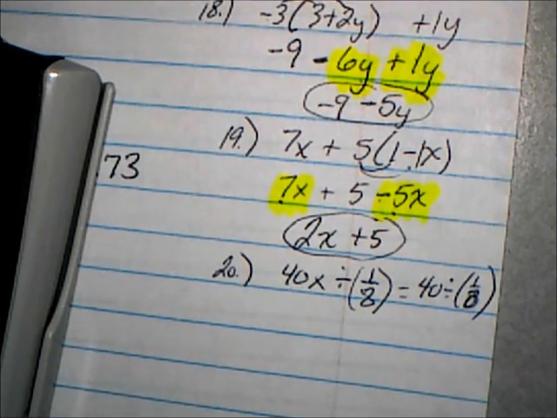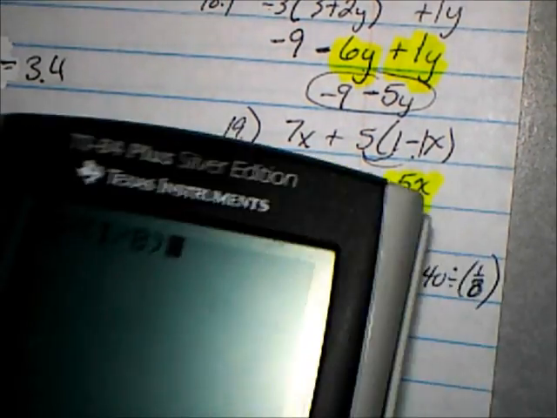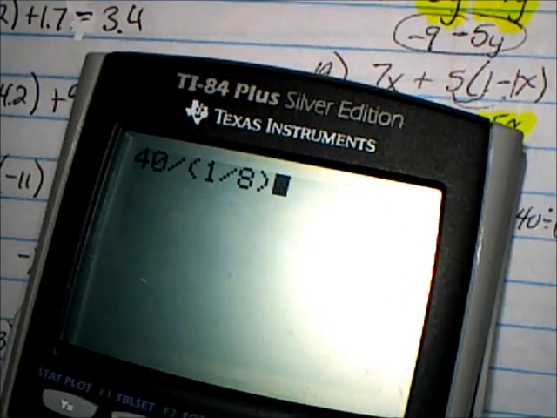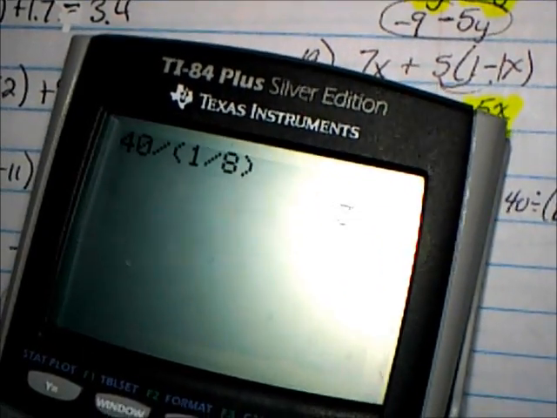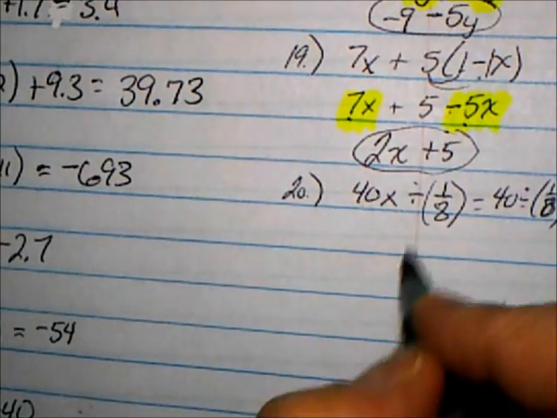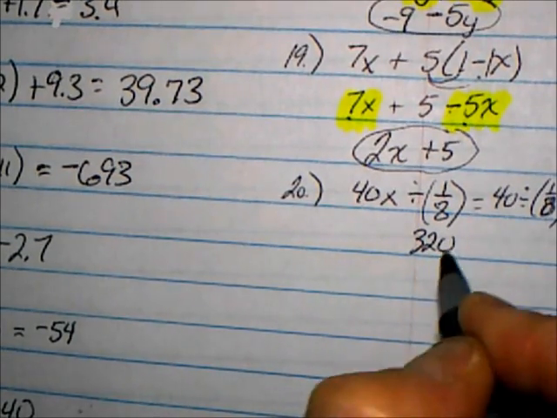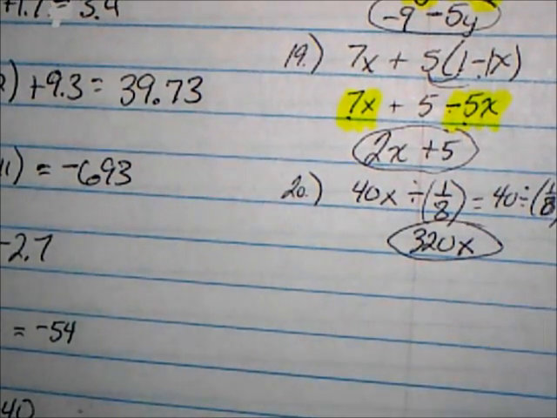So I start out with it looking like this. Okay, what are you getting? 320? Okay, so my answer is going to be 320, and I just placed the x with it. I didn't do anything to the x.